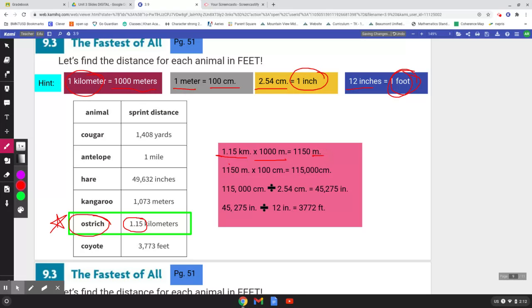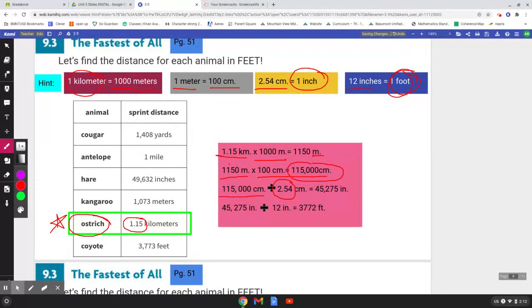So this 1.15, I'm going to multiply by 1,000 to get it in meters. So you get 1,150. So now you take those meters and you're going to multiply it by the centimeters. And that's going to give you 115,000 centimeters. Well, now I need to go from centimeters to inches. Okay, so now I'm going to take that answer, the 115,000, and I'm going to divide it by 2.54.